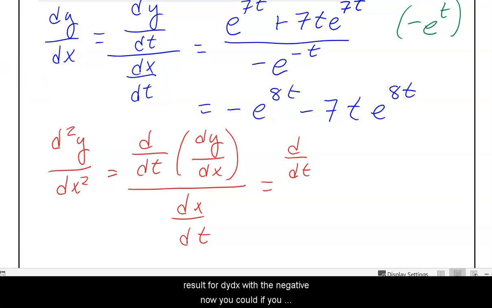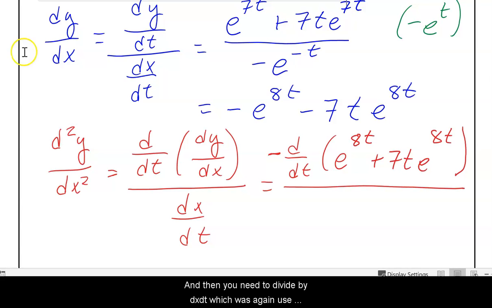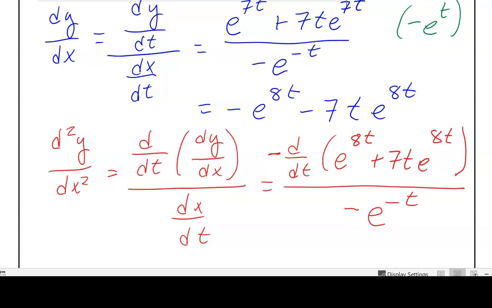With the negative. Now you could, if you want, pull the negative outside, and then you'd be taking the derivative of e to the 8t plus 7t e to the 8t. And then you need to divide by dx/dt, which was, again, the original negative e to the negative t.